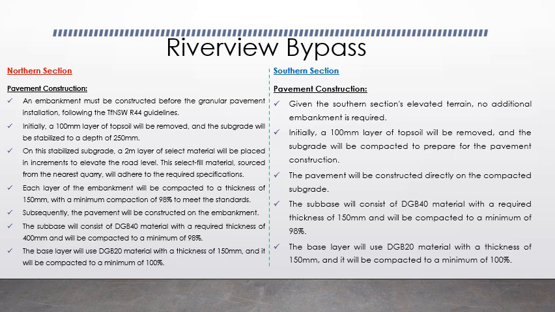The sub base will be DGB 40, where the thickness of the sub base is 150 mm and the minimum compaction is 98%. And the base layer will be DGB 20, 150 mm thick, and the minimum compaction for this layer is 100%.